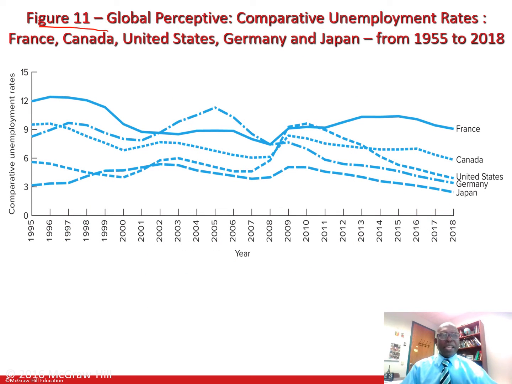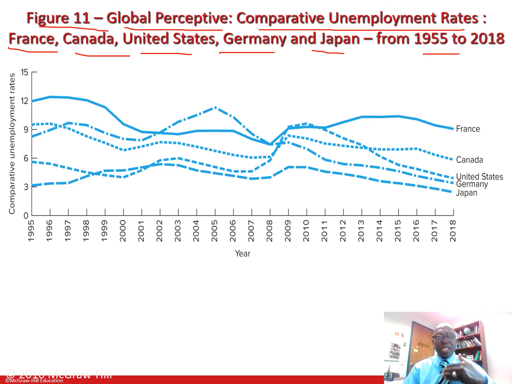Figure 11 displays the global perspective on comparative unemployment rates among France, Canada, the United States, Germany, and Japan from 1955 to 2018. Unemployment rates vary greatly among nations of the world over a specific period.